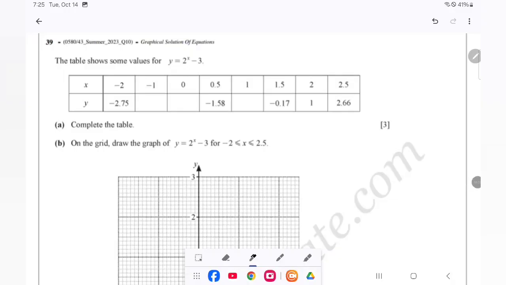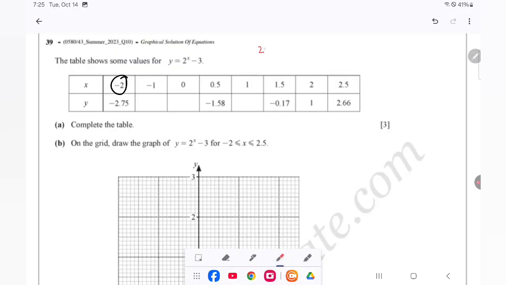In question 39, we did this type of question earlier in which we have to complete the table for the equation y equals 2 to the power x minus 3. On x equals negative 2, y will give the value of negative 2.75. How?